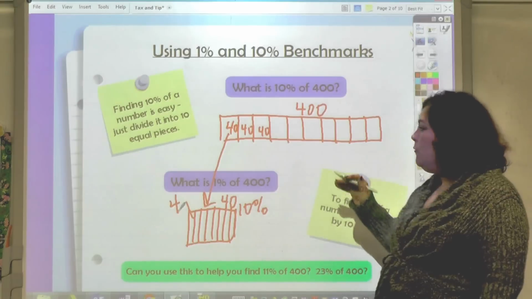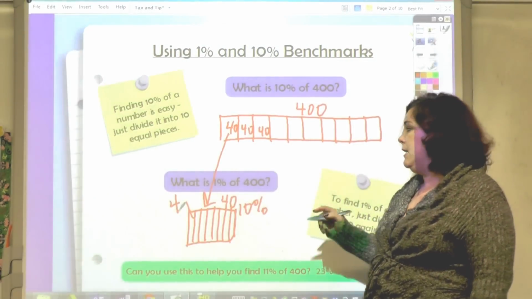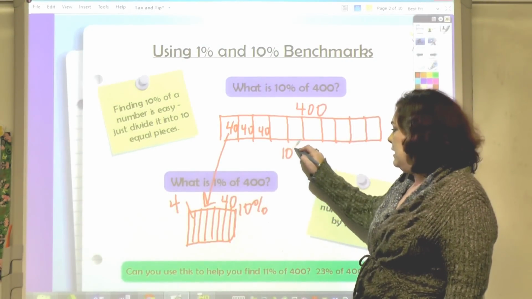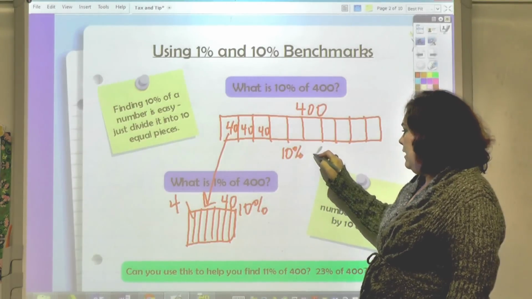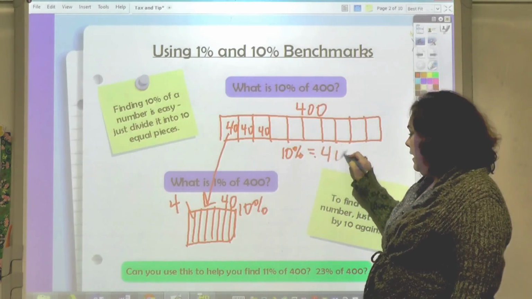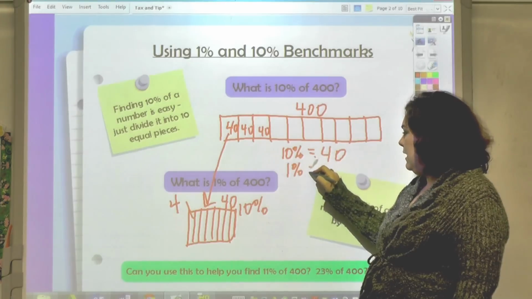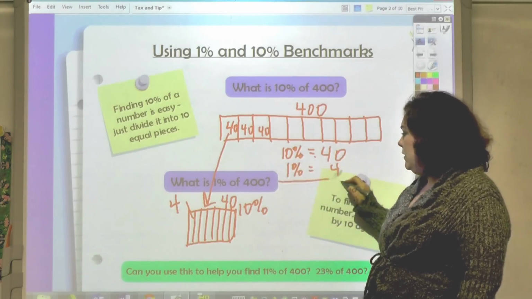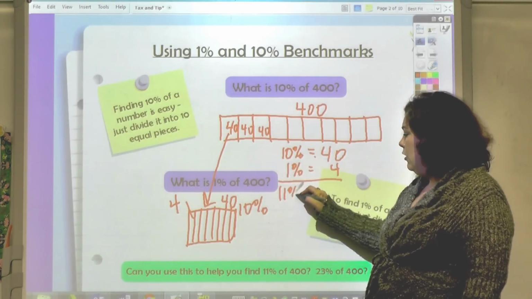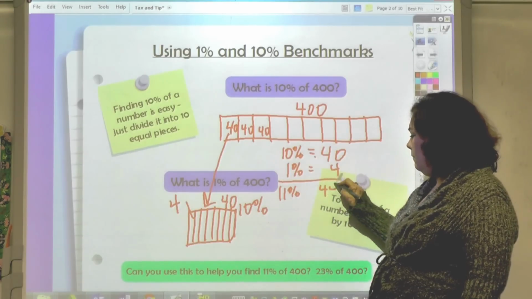Well, if you know what 10% and what 1% is, so if you had 10%, it would equal 40. And to find 11%, you would need 1%, and that would equal 4. So 11% would equal 44.